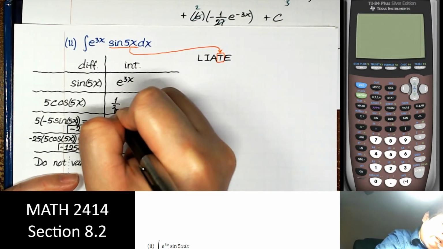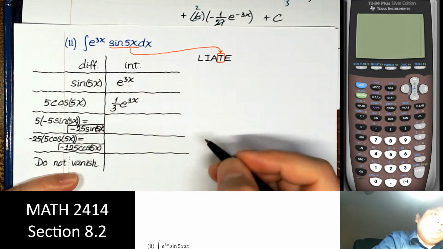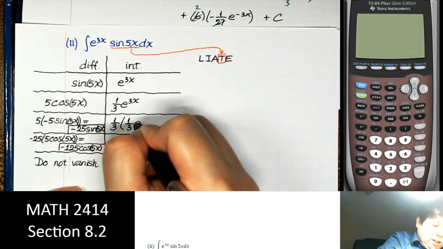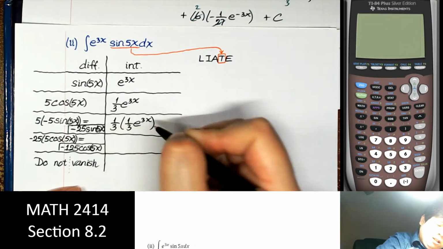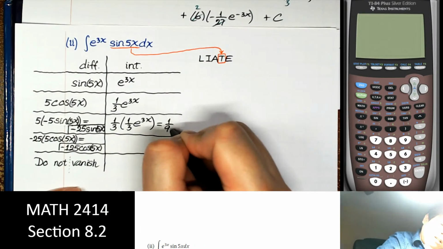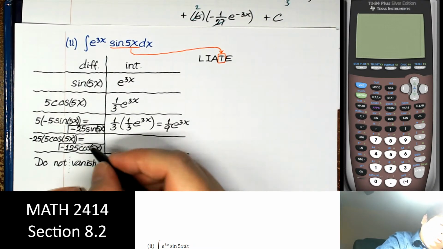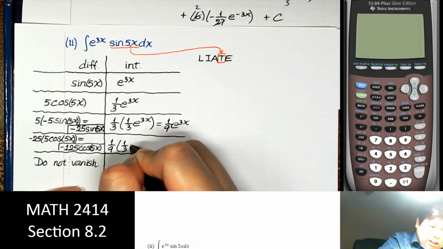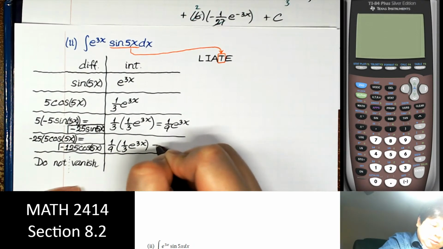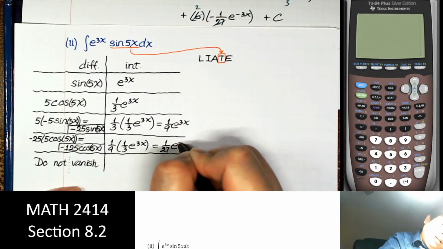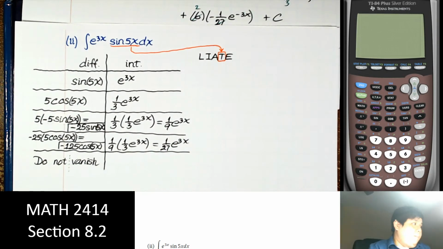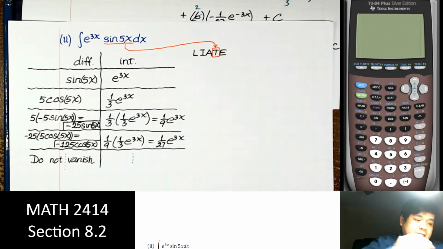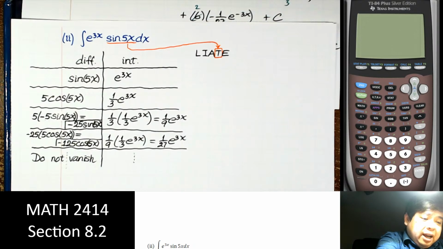So we have 1 over 3 e to the 3x, and then integrating again is 1 over 9 e to the 3x, and then we keep integrating, 1 over 9 and then divide by 3 again, 1 over 27 e to the 3x. And then of course we can just keep doing that, but we're not doing it. Right, and that is what we have.